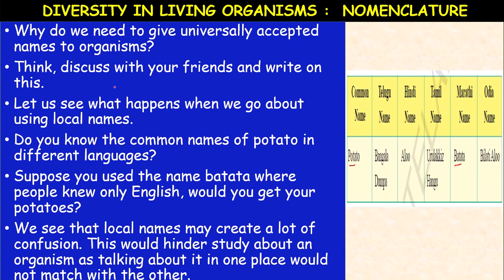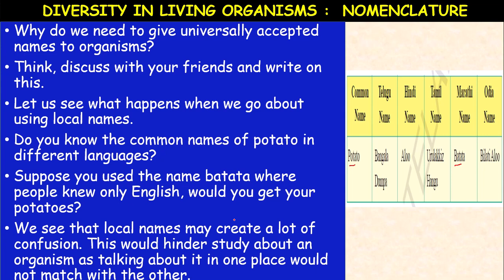So think. Let us see what happens when we go about using local names. It creates confusion. Do you know the common names of potato in the different languages? Just now we have seen. Now, suppose you used the name batata where the people knew only English. Would you get your potatoes? No. Nobody would identify it. So the people identify with local names, isn't it?